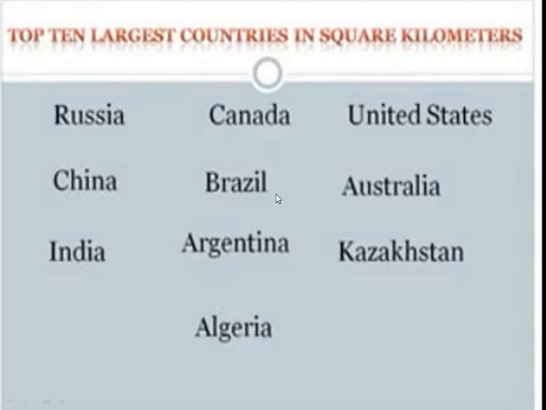Fifth one, Brazil. Sixth one, Australia. Seventh one, India. Eighth, Argentina, Kazakhstan and Algeria. These are the top 10 largest countries in square kilometers.